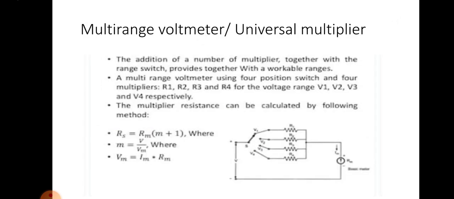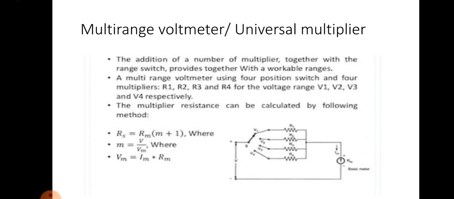Now we will move ahead with the multi-range voltmeter. As it is similar to the multi-range ammeter, here we connect the multiplier resistance in series with the basic meter. The addition of a number of multipliers together with the range switch provides a workable range. A multi-range voltmeter uses a 4 position switch and 4 multipliers R1, R2, R3 and R4 for the voltage ranges V1, V2, V3 and V4 respectively.